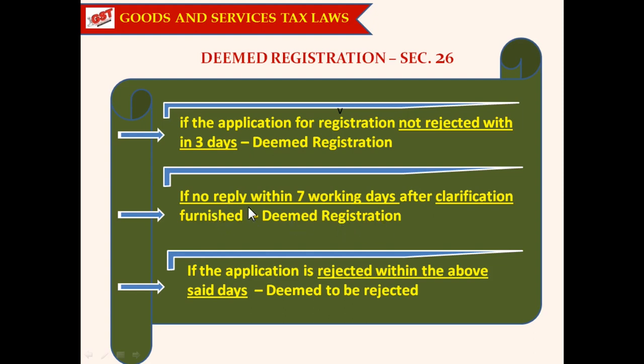And if there is no reply within 7 working days after the clarification is furnished, that is, the proper officer has not replied to your clarification within 7 days, then it is considered as deemed registration. If the application is rejected within the prescribed dates, then it is deemed to be rejected. These are the provisions for deemed registration as per section 26.